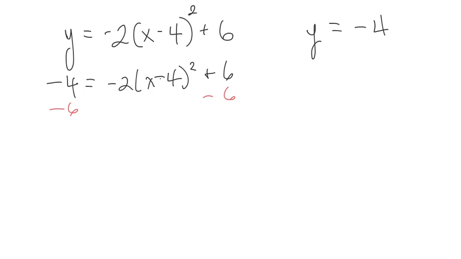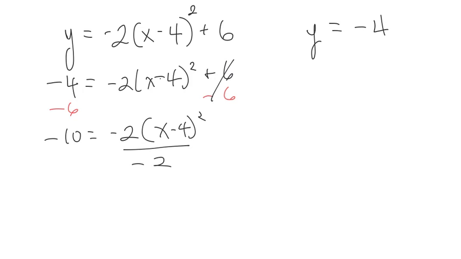This gives me -10 equals -2 times (x minus 4) squared, and this pair here is zeroed out. Then I'm going to divide both sides by 2. On the other side, that's divided out, and on the left side I'm left with 5.